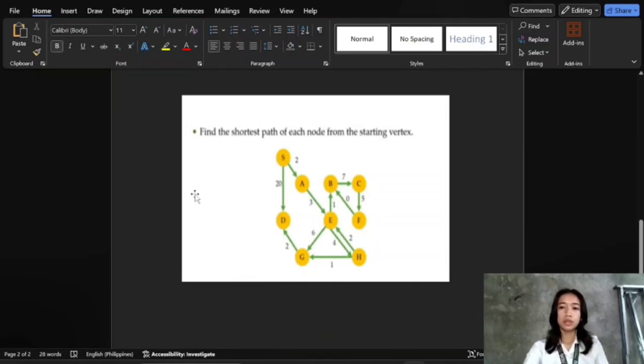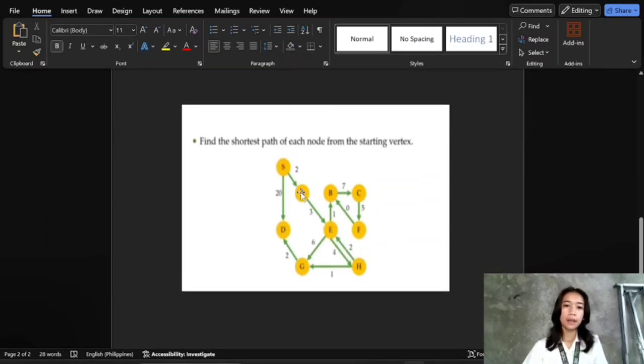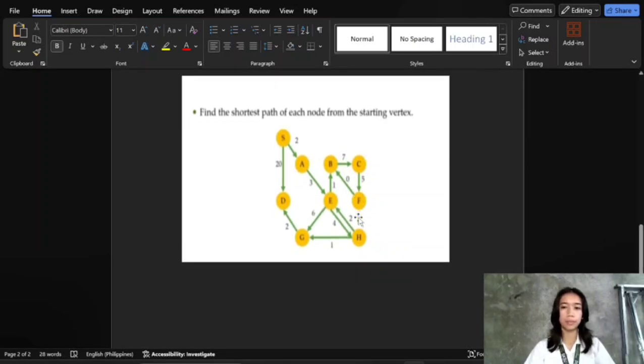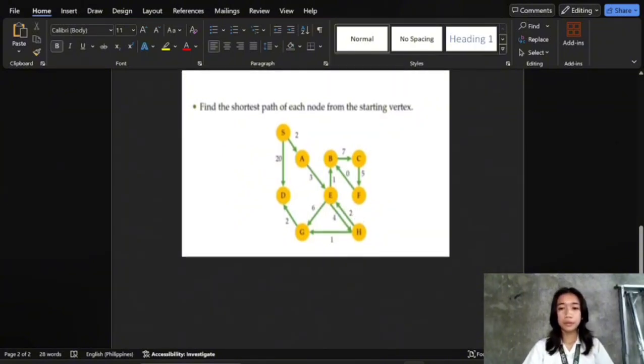To find the shortest path from the starting vertex S to all other nodes in the graph, the intermediate nodes are A, B, C, D, and the other letters. For this we use Dijkstra's algorithm, and we go step by step through this algorithm.